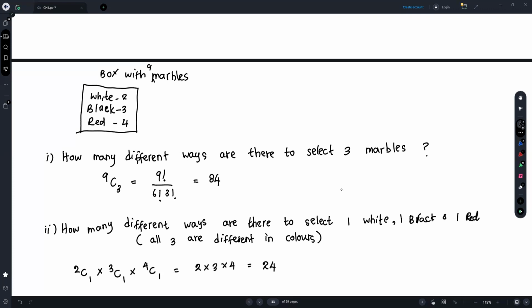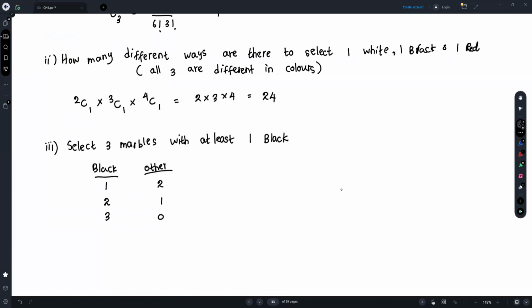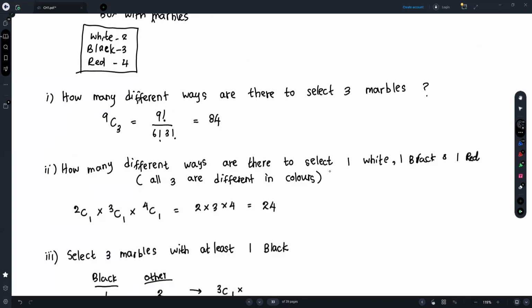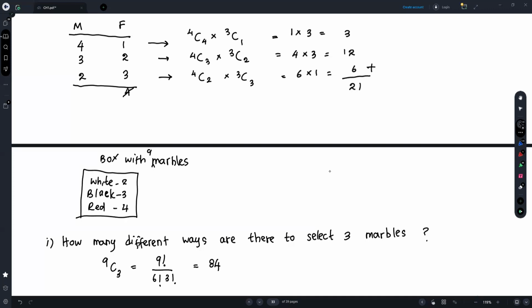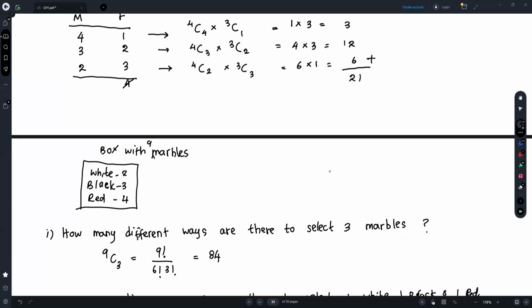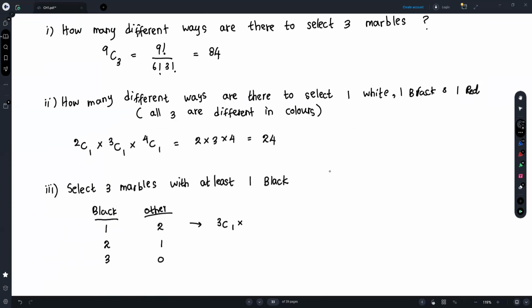Okay. So what is the possibility? Selecting one out of three blues. So other two out of how many? How many remaining marbles are there? Three blues and the others are two whites and four reds. That means there are six, right? So out of six, you have to choose two.